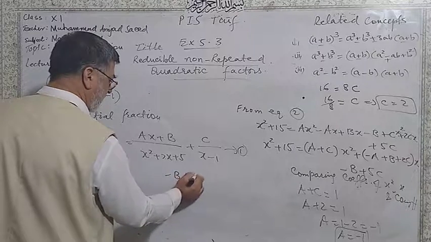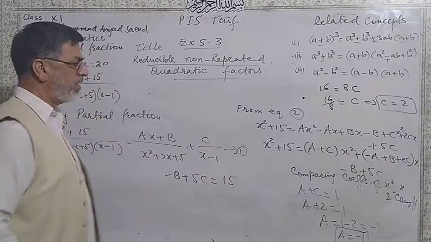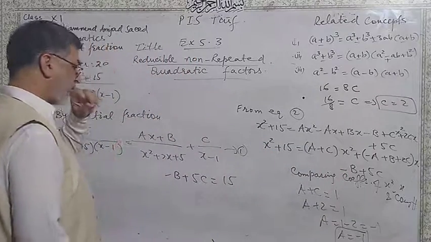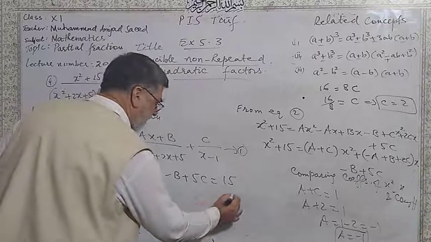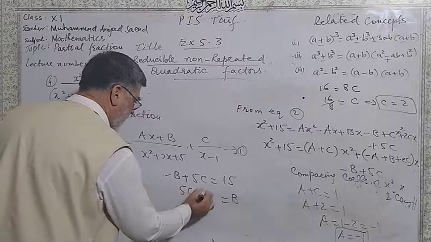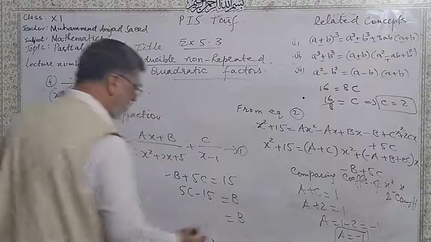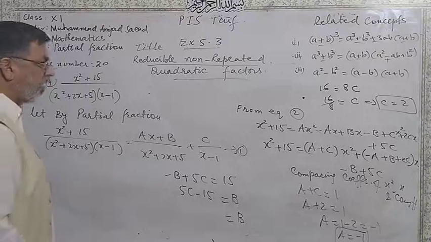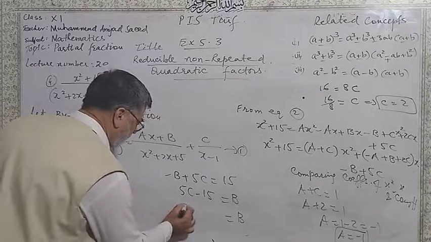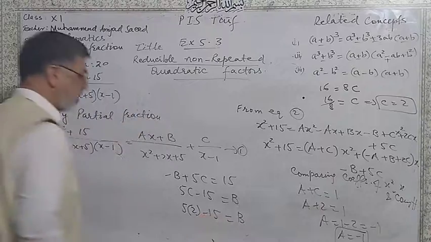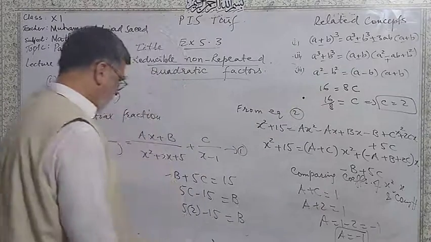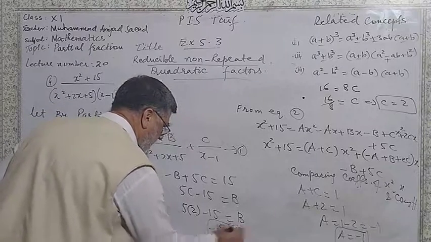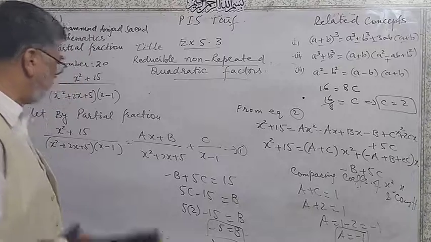So b is equal to 5c minus 15. We have taken b to the right hand side and 15 to the left hand side. And what about c? 5 into 2, 10 minus 15 is minus 5. So b is equal to minus 5.